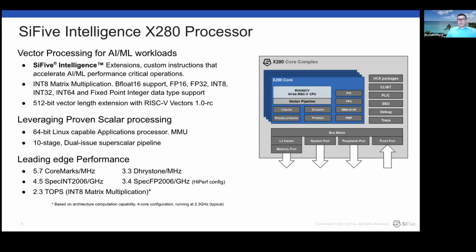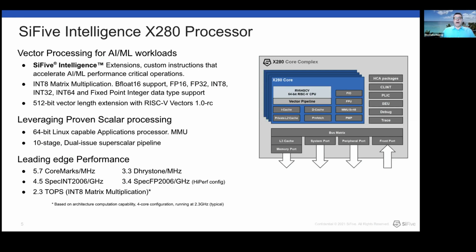So as I mentioned before, we have the X280 processor. It implements the RISC-V vectors. The 1.0 release candidate, I believe, is going to be ratified pretty soon, finalized and frozen.